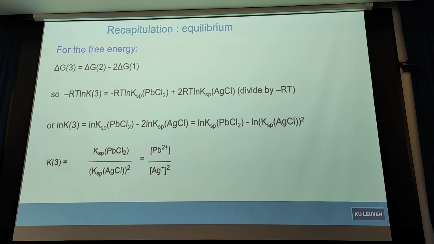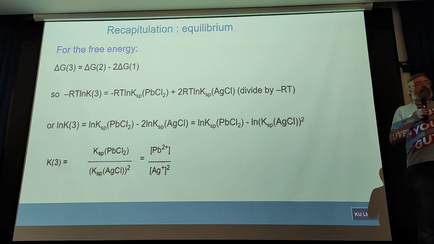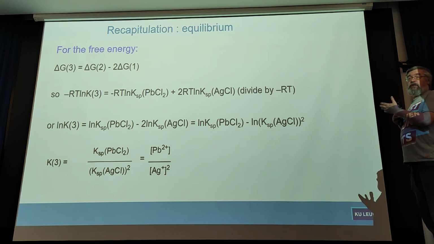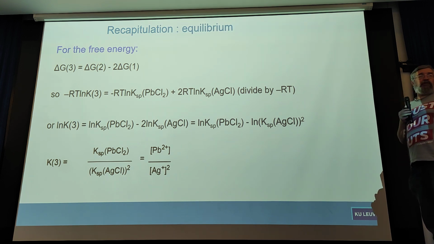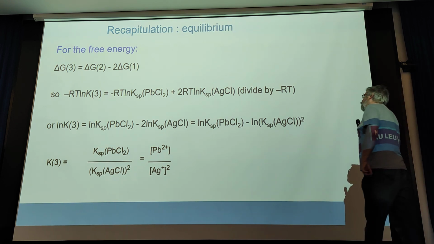So, okay, if we now know this, it means for a third reaction, for the free energy, it's actually the same way. So the free energy of the first reaction minus 2 times the free energy of the second reaction.